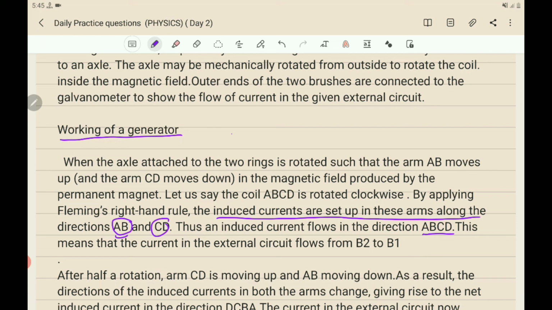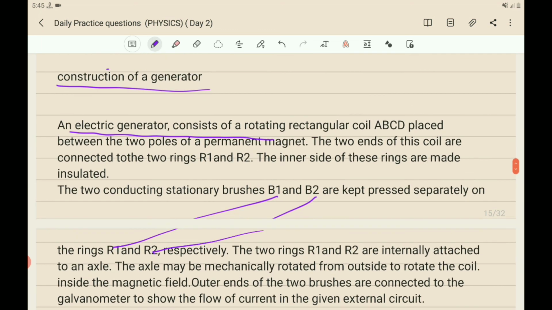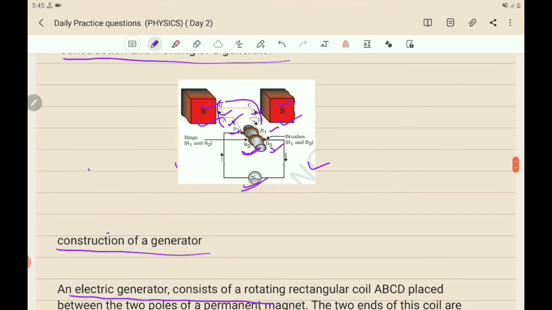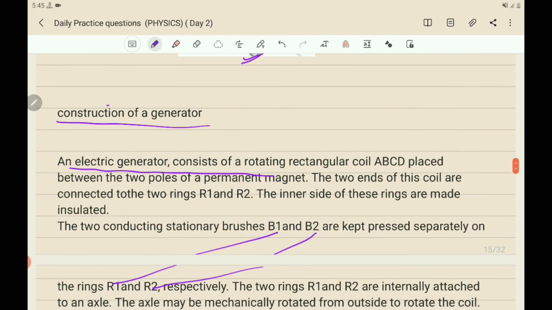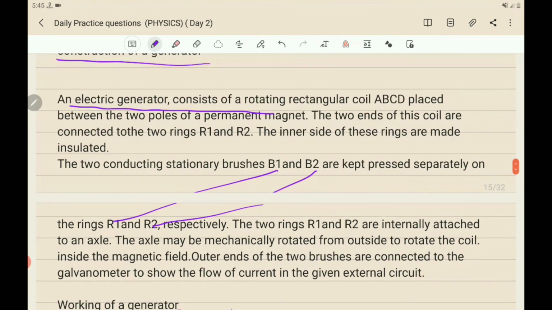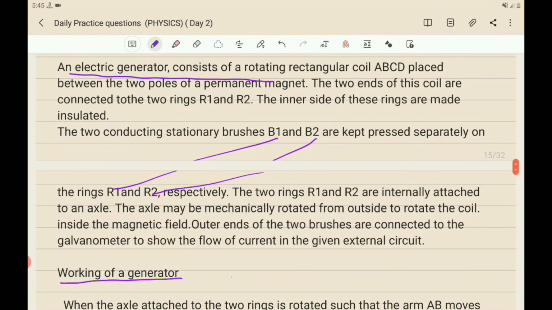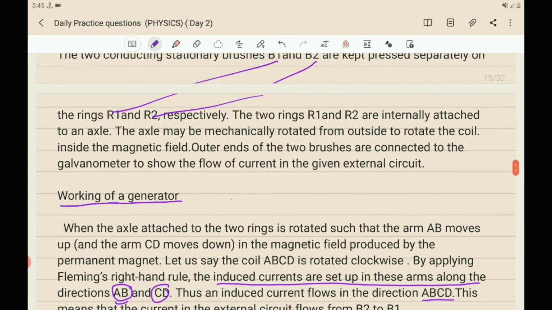This means that the current in the external circuit flows from B2 to B1. The current moves from B2 to B1.